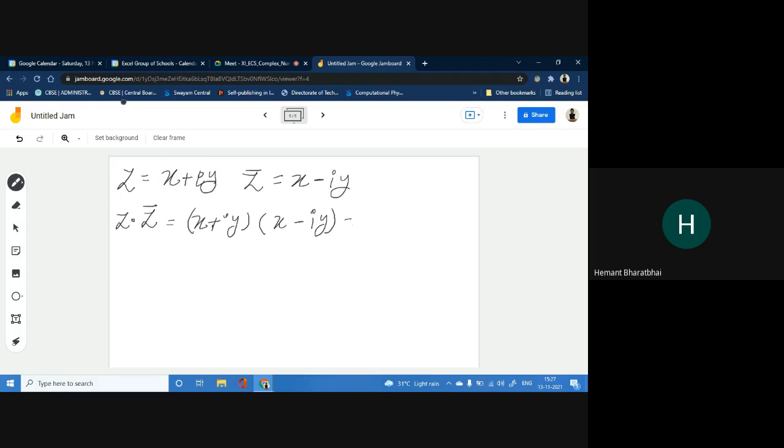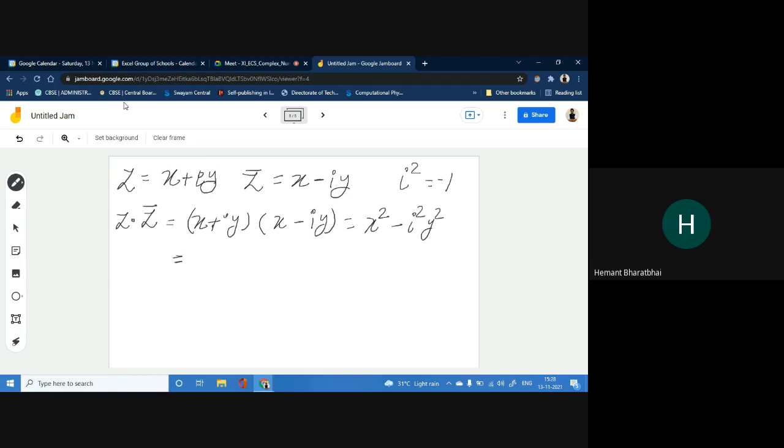So if z is x plus iy, then the conjugate of the complex number, that is z bar, is nothing but x minus iy. We just have to change the sign of the imaginary part, right?